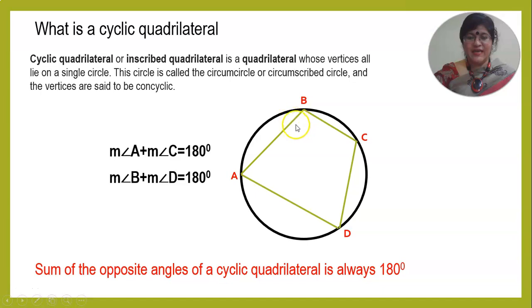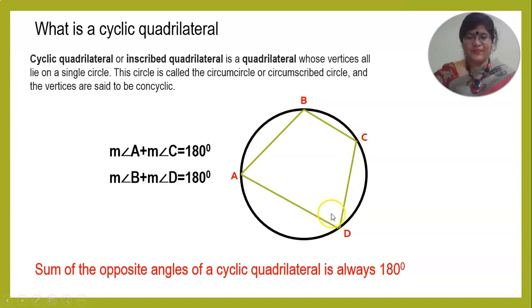ABC. Is this angle B on the circle? Yes. So this angle ABC is the inscribed angle, and it is intercepted by which arc? Take the opposite one. So it is intercepted by arc ADC. Similarly, look at the opposite angle.